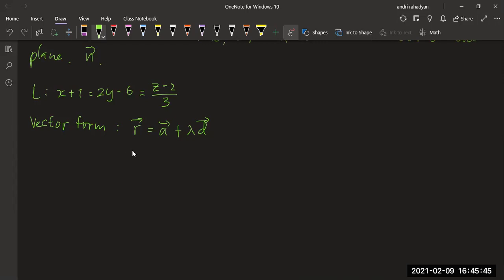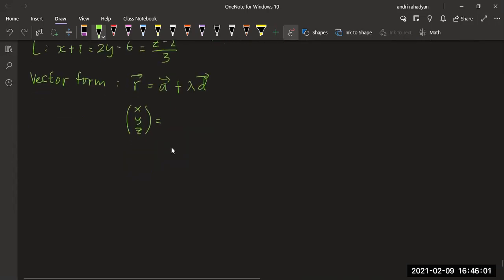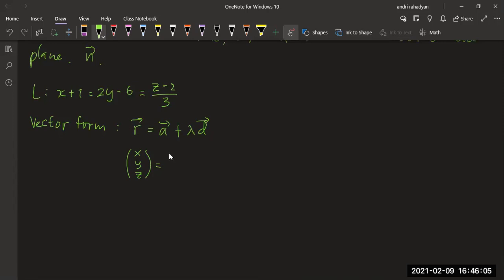So we can write the parametric form. r is xyz, equals a1, a2, a3 plus lambda times d1, d2, d3. Now, all of these equal lambda.